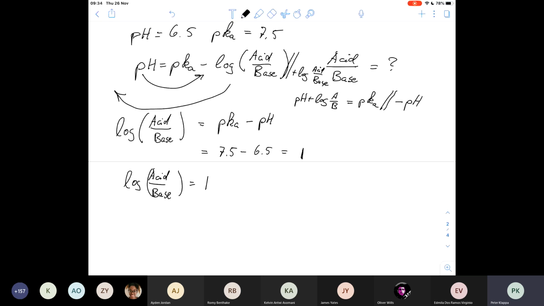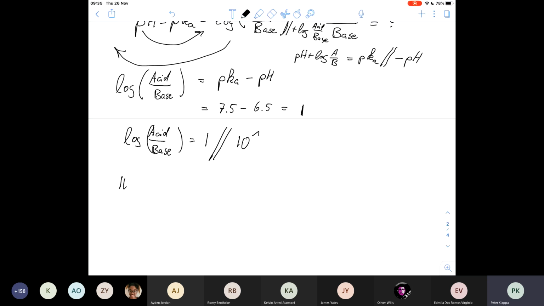What do I do in order to get rid of log? How do I remove the log? What's the operation? Absolutely. I take both sides 10 to the power of.